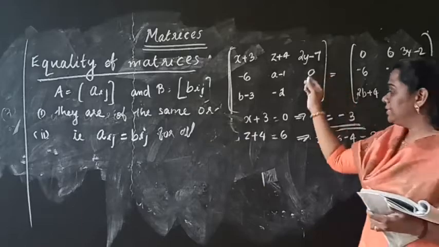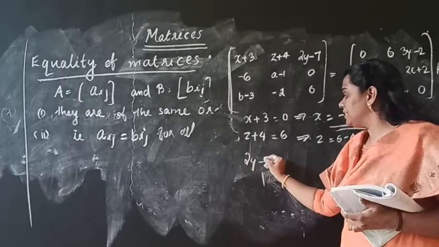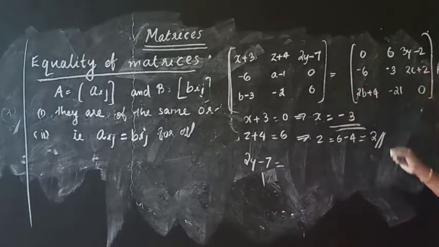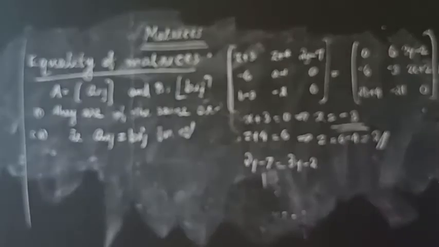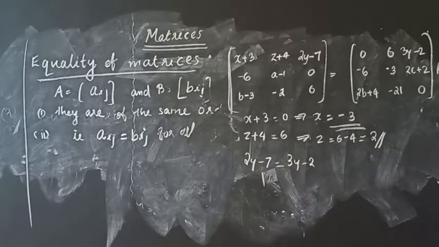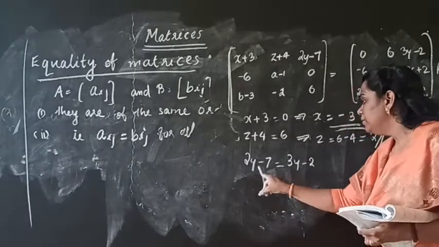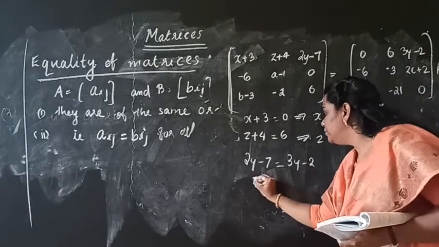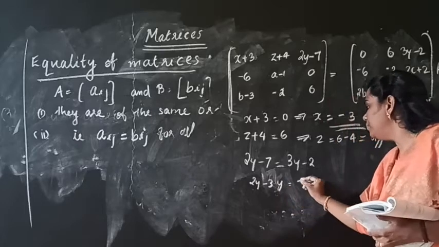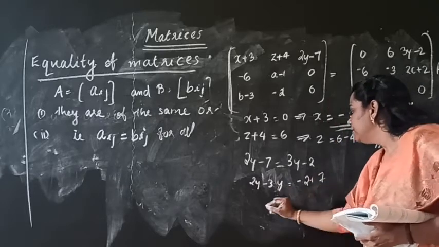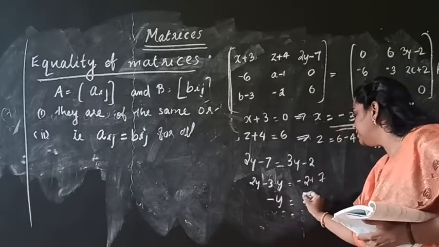And now the third, 2y minus 7 is equal to 3y minus 2. So you can extend this: 2y minus 3y is equal to minus 2 plus 7. That is minus y is equal to 5.